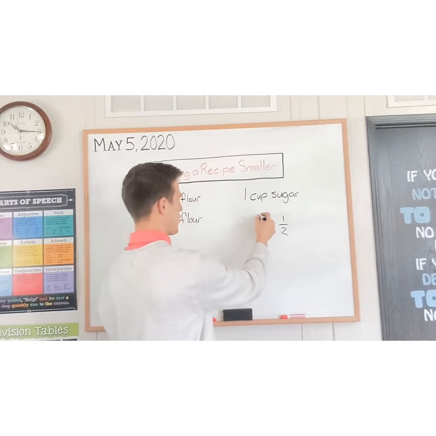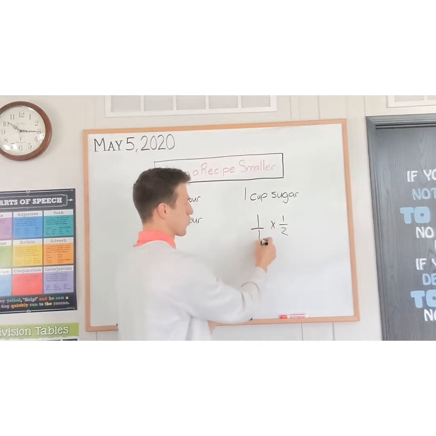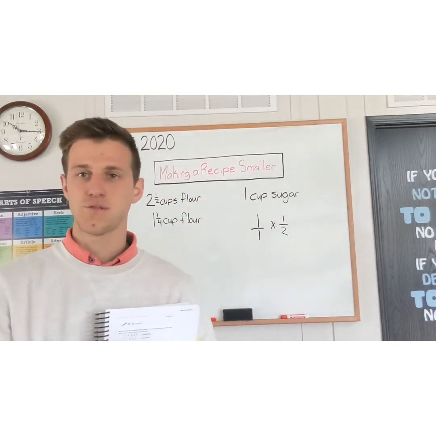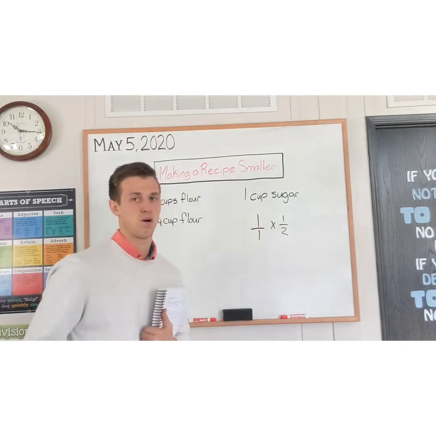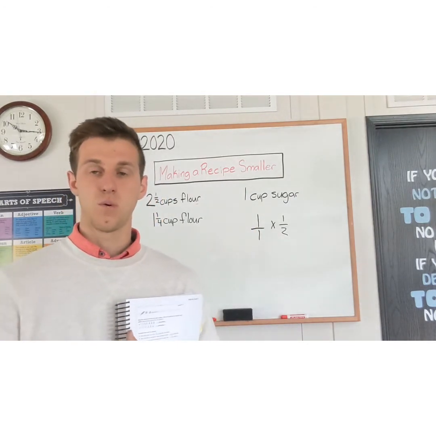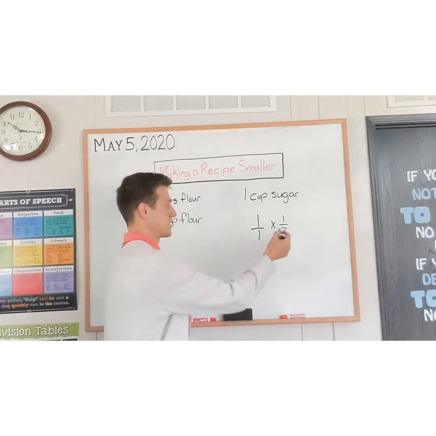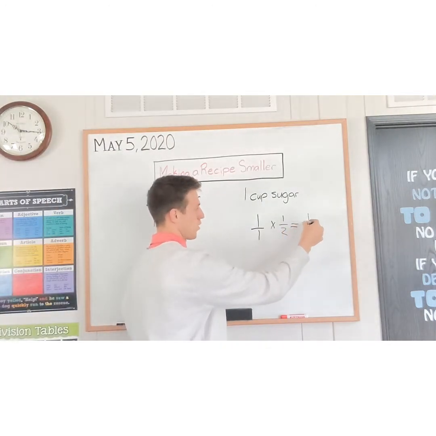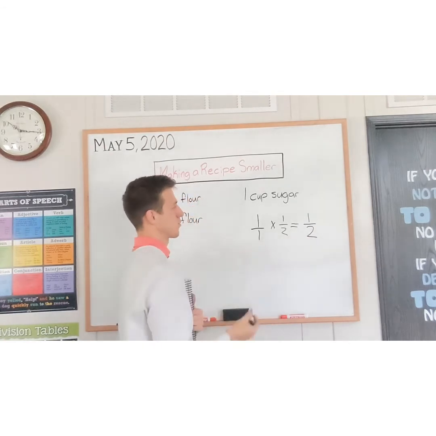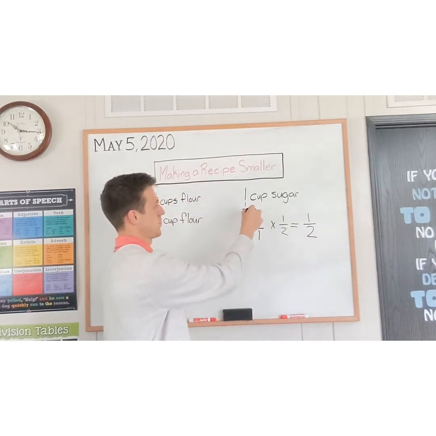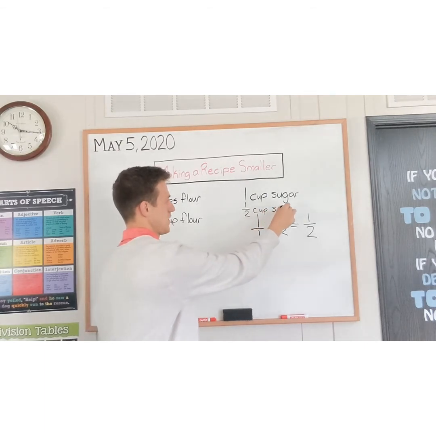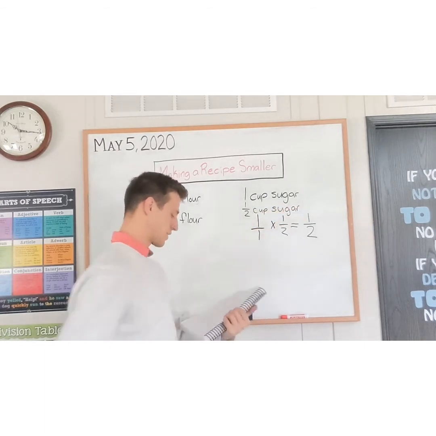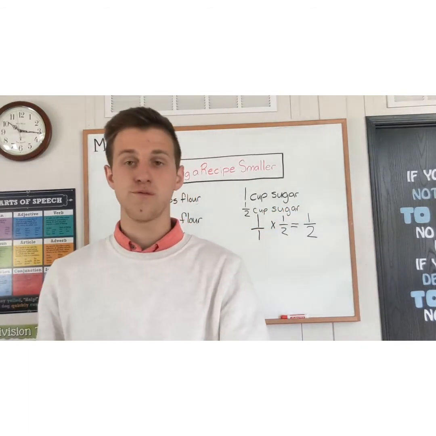And if we just have our whole number like this, we're just gonna put 1 over 1, right? To change it to fraction form, because remember our whole numbers are always understood to be over 1. So if we multiply this, we're gonna come up with 1 over 2. We're gonna have a half cup of sugar, okay?